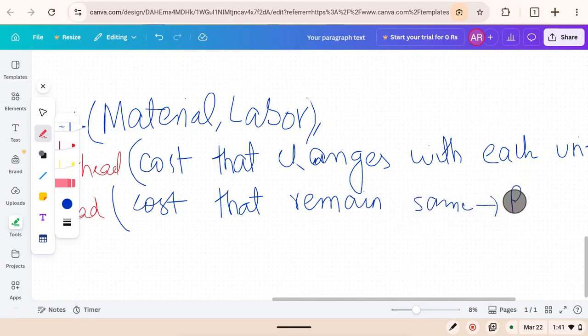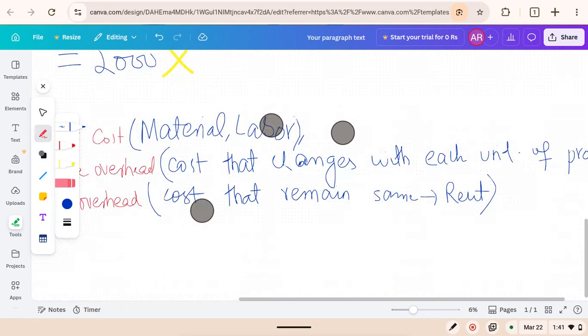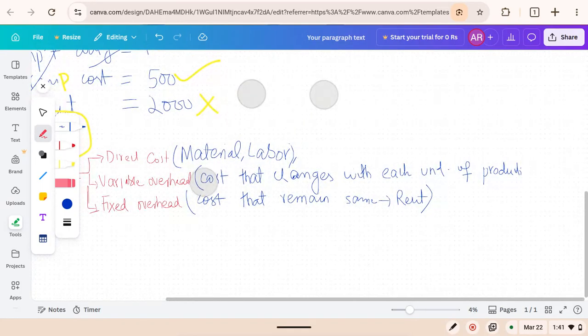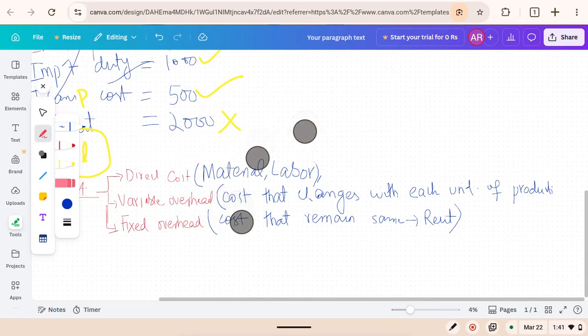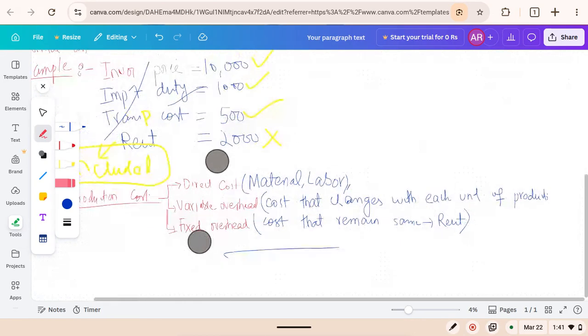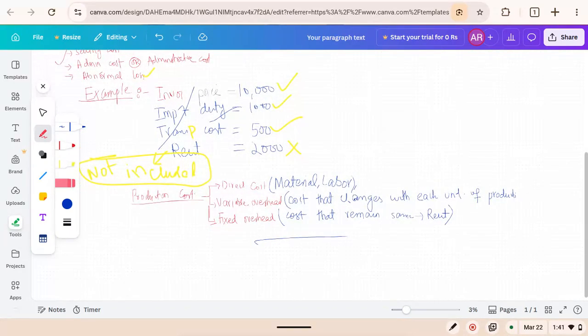Like rent, like depreciation, like many other things. One of the most important things I want to tell you is that fixed overhead is based on normal capacity, not actual production, which I will tell you in the next chapter. This is basically the basic structure of the production cost.